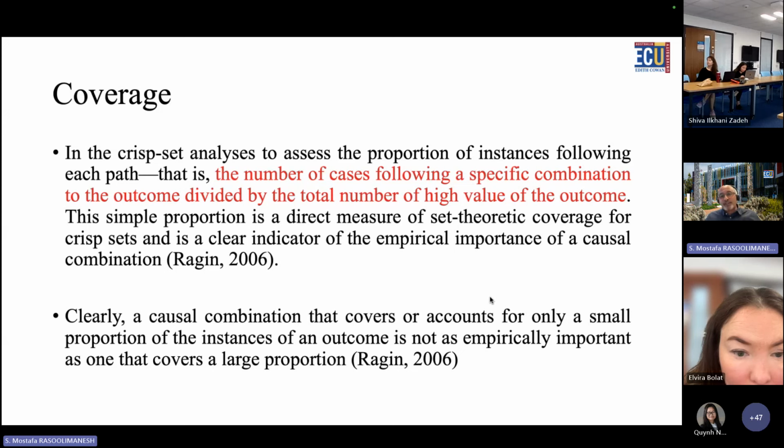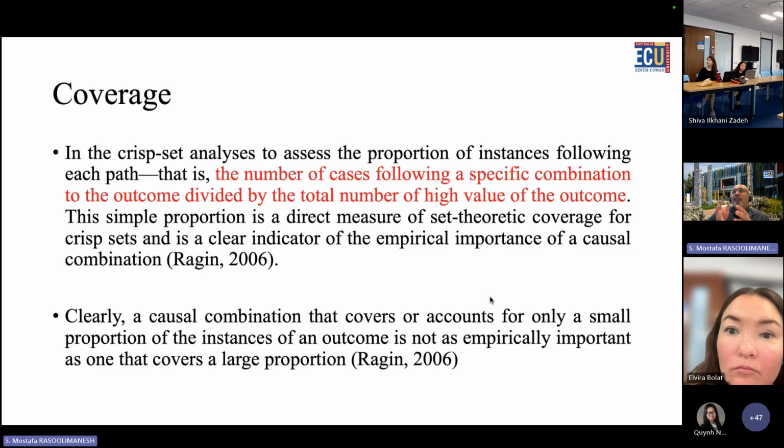And out of 100 cases, for example, let's say 51 of all cases are satisfied with different combinations of predictors, right?